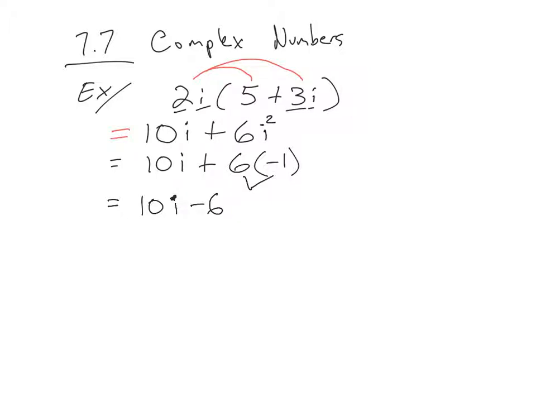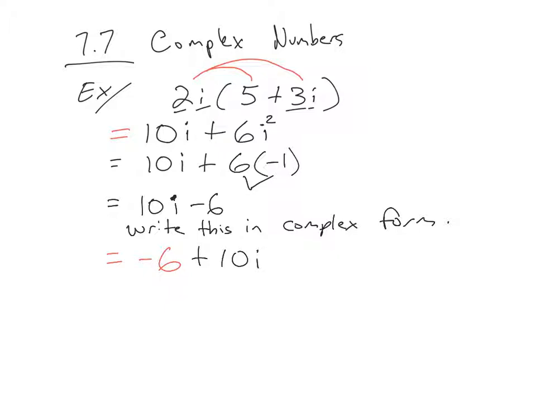Now we're going to write this in complex form. All complex form tells us is that we write the real piece first, so -6, and then we write the imaginary part second. Whatever has the i, you write second.